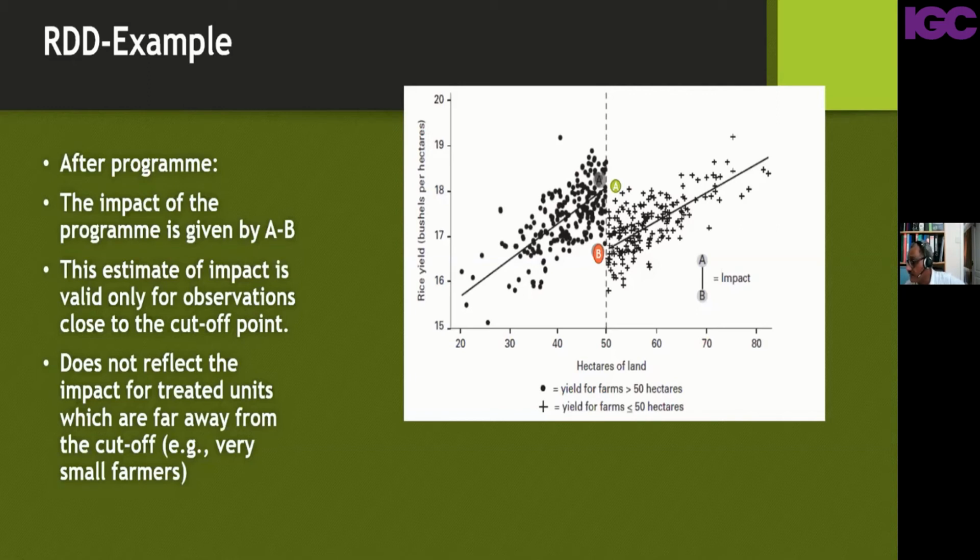It may not reflect the impact for treated units which are far away from the cutoff, say for very small farmers, say who have got less than say 10 hectares, it may not reflect. But for those who are close to the cutoff point, A minus B gives you an estimate of the impact of the program.